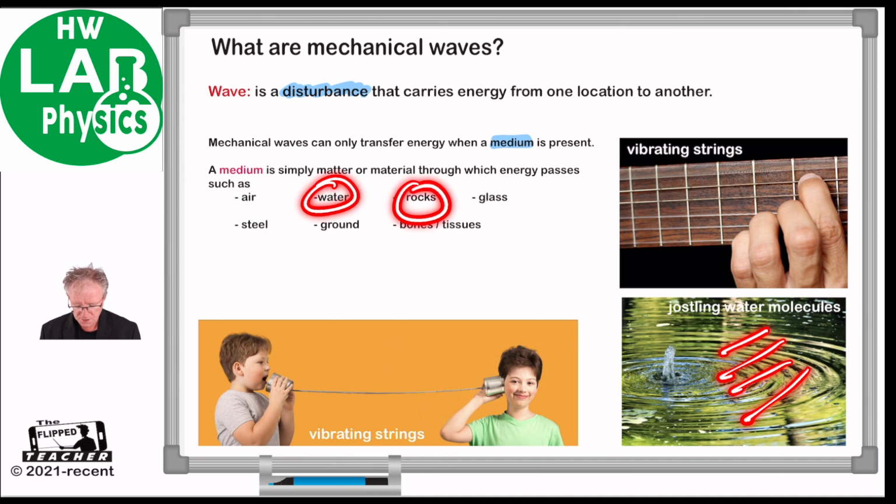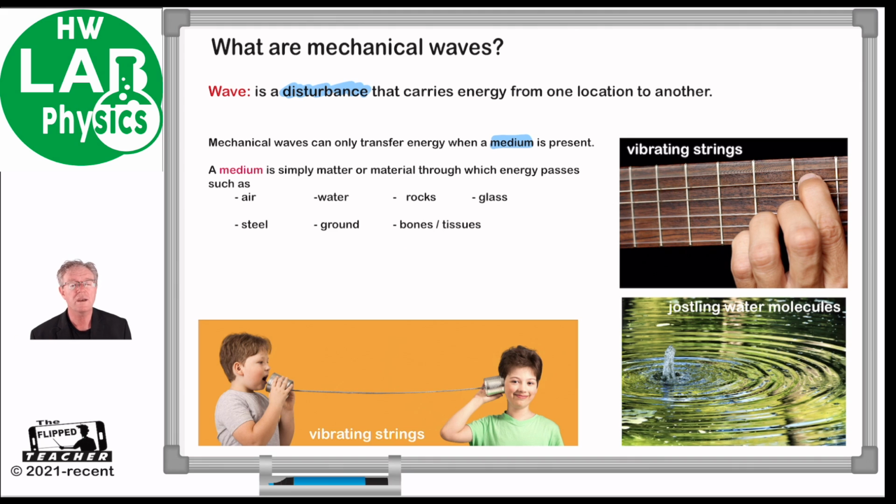We have rocks, so rocks in the ground. When elephants vibrate, those low vibrations of their body get sent through their legs into the ground and into the rocks, and that can transfer the energy from one location to the next pod of elephants, a kilometre or two away. We have steel, the ground, as we just said, and bones and tissues. Believe it or not, we can send sound waves through your body.